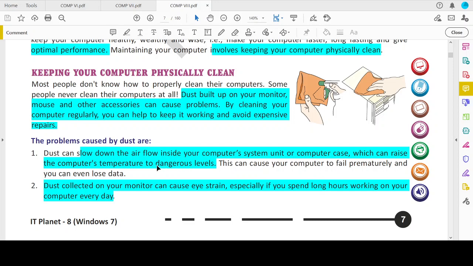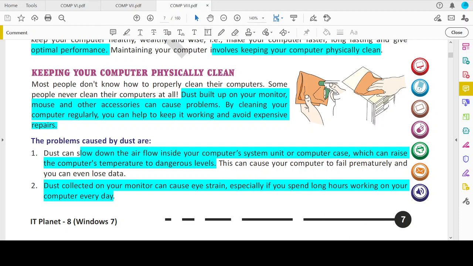The dust accumulated on the monitor will cause eye strain. If you look through the dust on the monitor, it will cause you eye strain, and that will not be a good thing for you. You have to take care of your vision, so you have to take care of your monitor also.